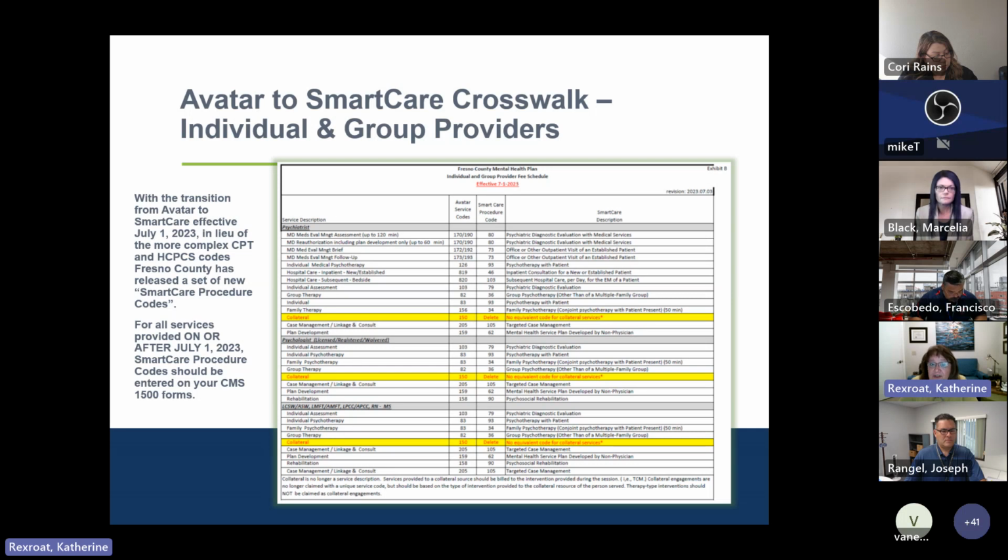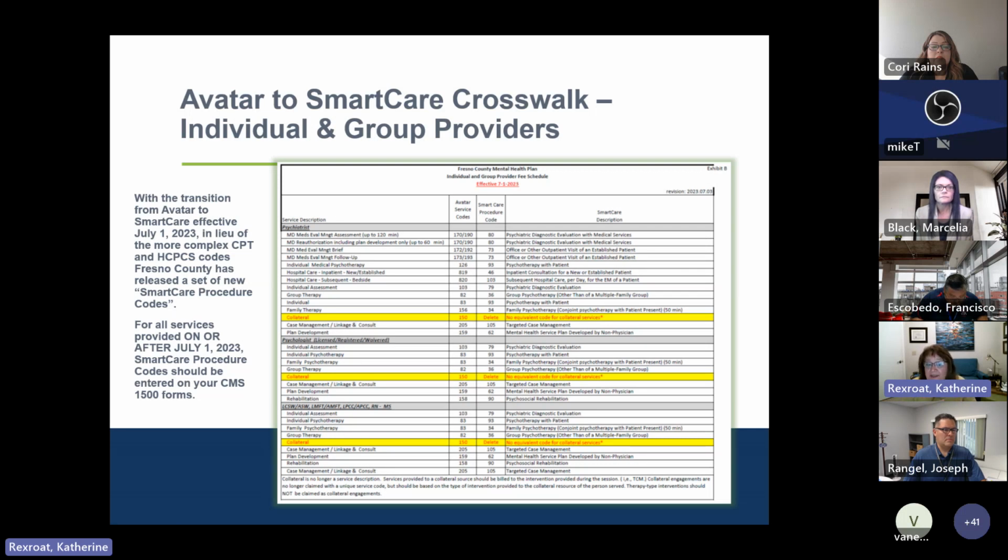These codes should be used effective July 1st. And you'll notice that you will get a copy of this table. You will notice that the SmartCare procedure codes are all 2 digits, and that the name of the procedure in some instances may be different than the old name.